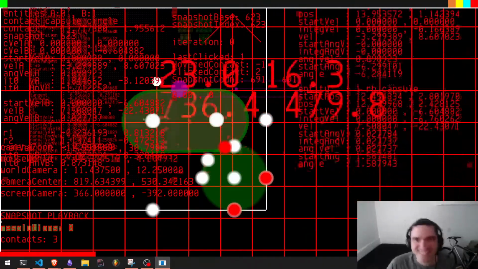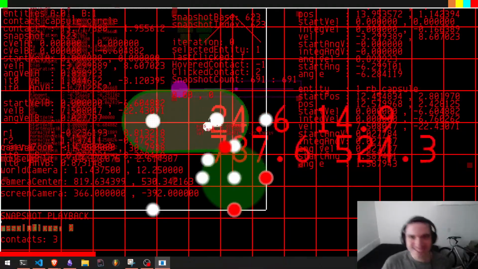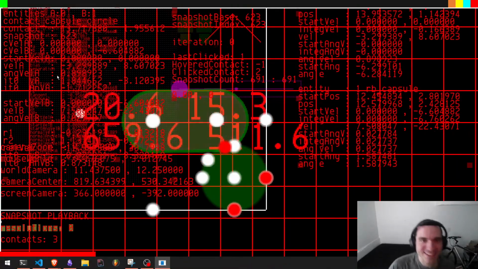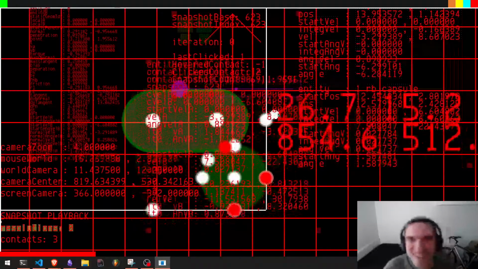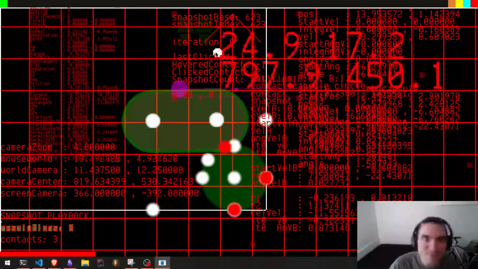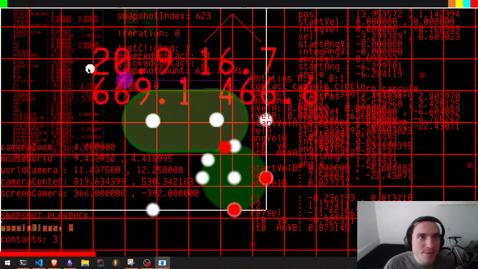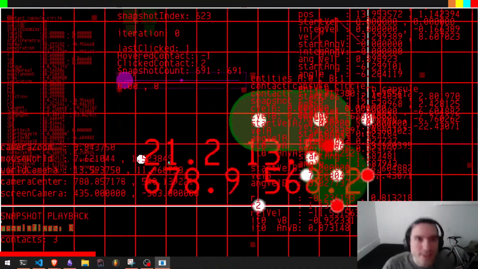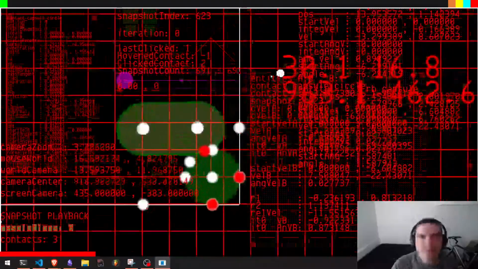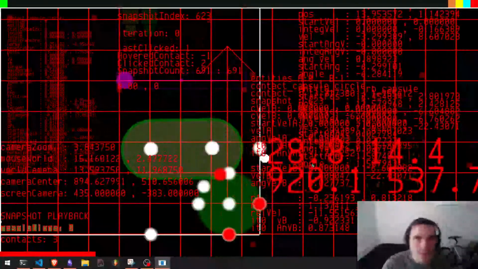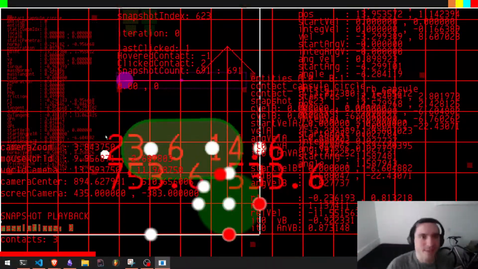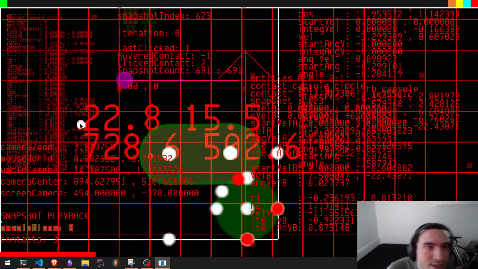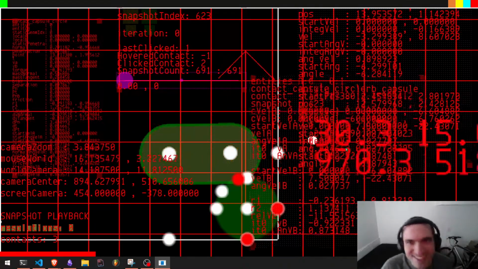I should probably fix this really zoomed in text, but we'll worry about that later. I guess I could just take a snapshot of this. It doesn't really matter. Oh man, I'm trying too much stuff.